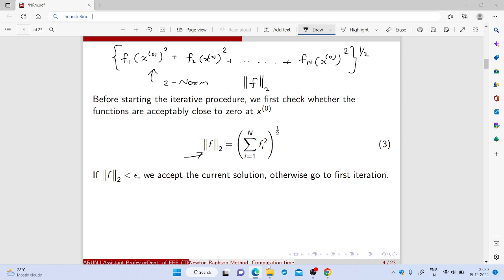If this 2 norm is acceptably close to 0, then we can infer that the x of 0 initial guess is acceptably close to the actual solution, and we can take it as a root or a solution to the problem. If this 2 norm of f is not close to 0, then we have to go for the Newton-Raphson procedure. If the 2 norm is less than epsilon, a tolerance value, then we can accept the current solution. Otherwise, we have to go for the first iteration.